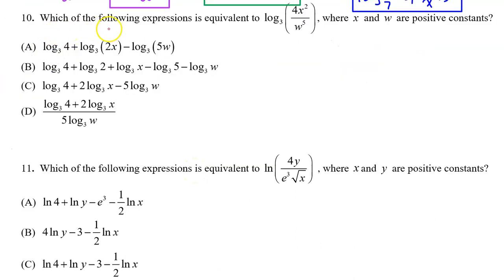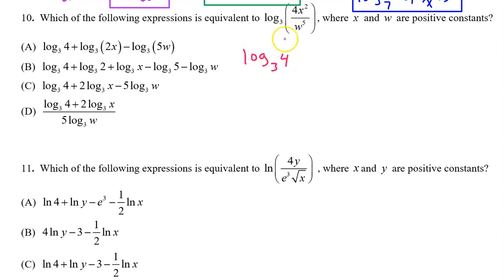Number 10. Which of the following expressions is equivalent to the log base 3 of 4x squared over w to the 5th power, where x and w are positive constants? I see 3 factors inside this quotient, so we can split this single log into 3 separate logs. So we can write the log base 3 of 4.